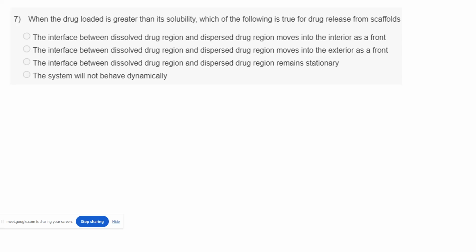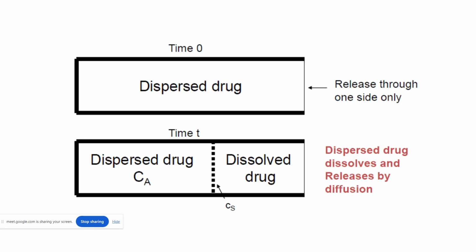Okay, so first option is the correct answer. The interface between the dissolved drug region and the dispersed drug region moves to the interior front. So if you have the dispersed drug here, it slowly starts dissolving from the outer, and then this interface moves to the interior as a front.